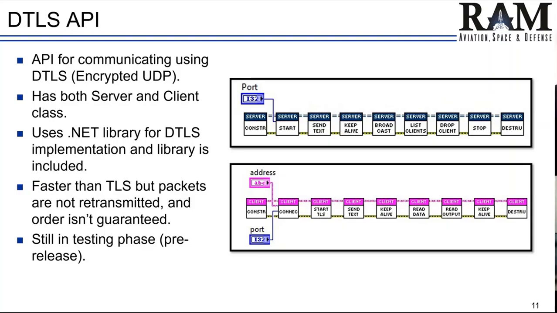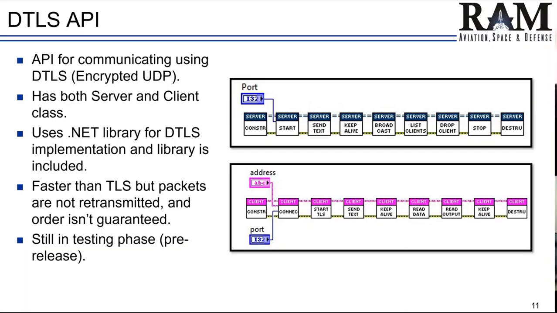You do still have some of the potential risks of using UDP in that packets are never retransmitted. You're not guaranteeing that they were received or that they're received in the proper order. So there are still some caveats there, but in a lot of cases that doesn't really matter.